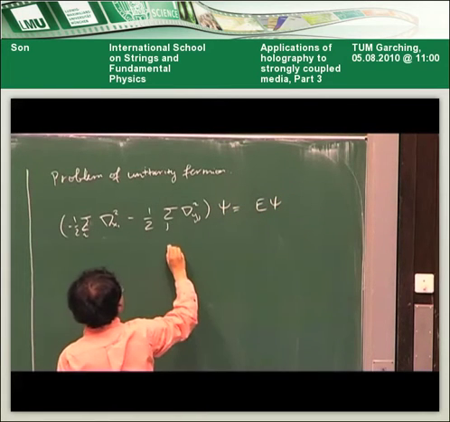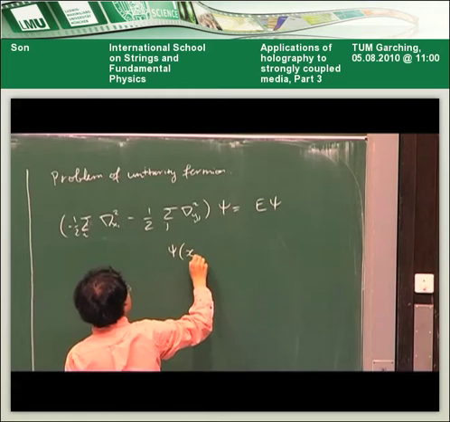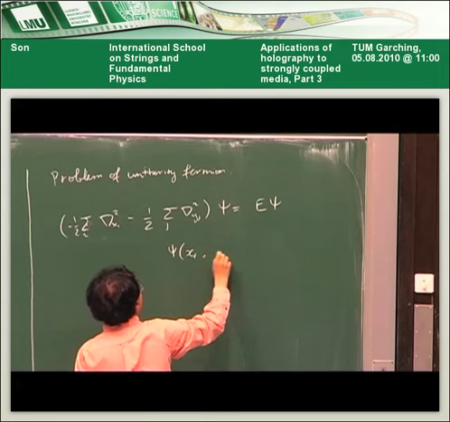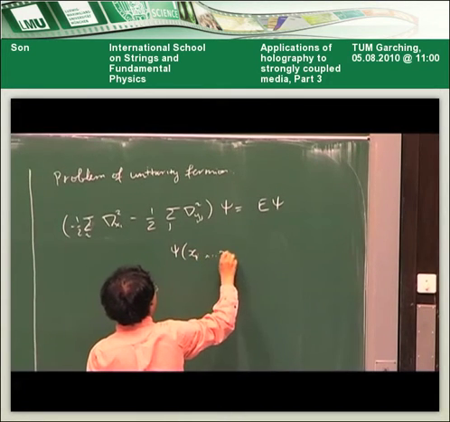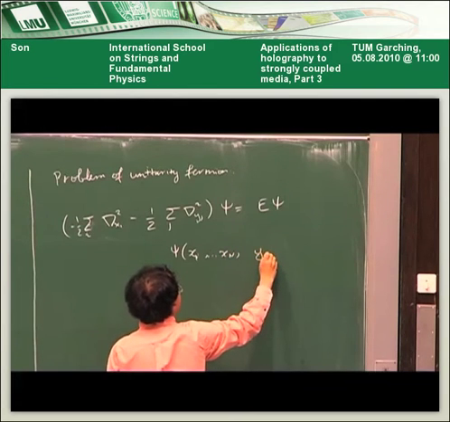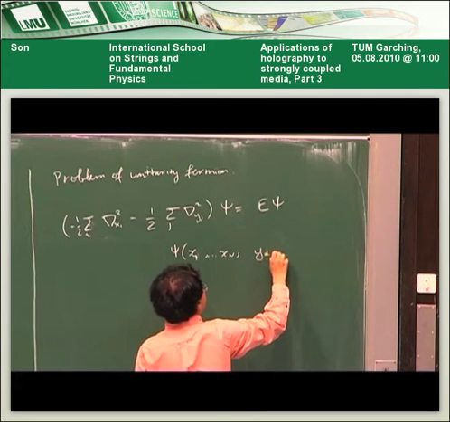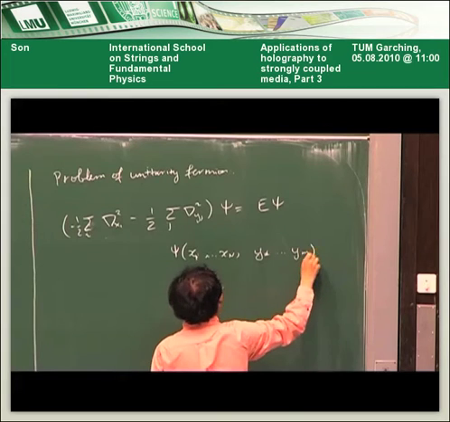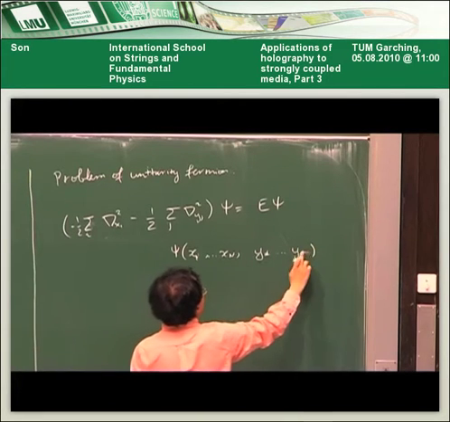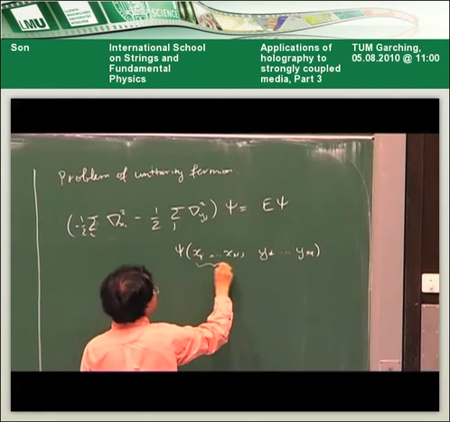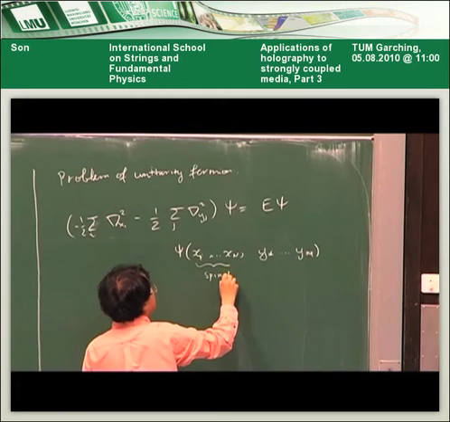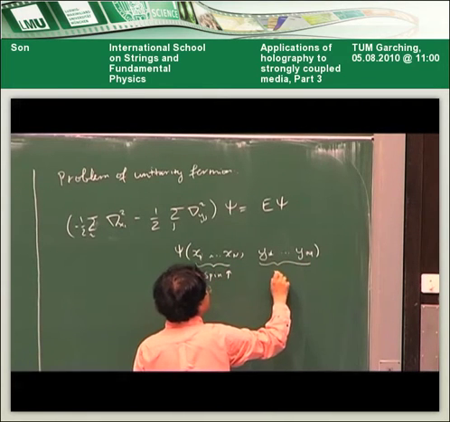So here the wave function depends on the coordinates x1 to xn, y1 to ym, where here I separated the coordinates of spin up and spin down particles.